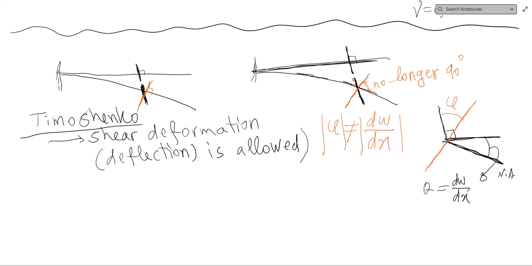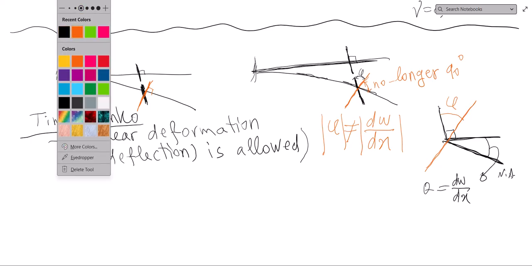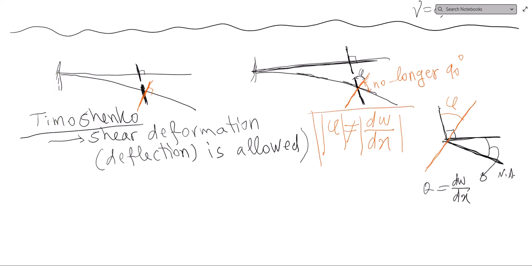So again, this angle, which we called phi in the previous treatment, we still call phi, with the condition that I mentioned here, and maybe box it. This is what Timoshenko says in his beam theory: phi is not equal to dw/dx.